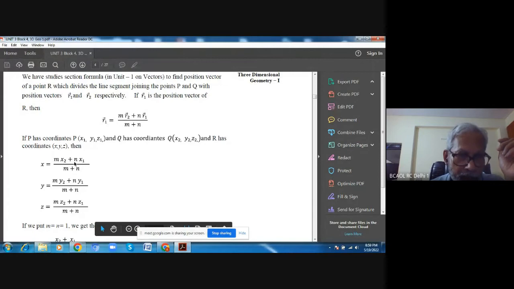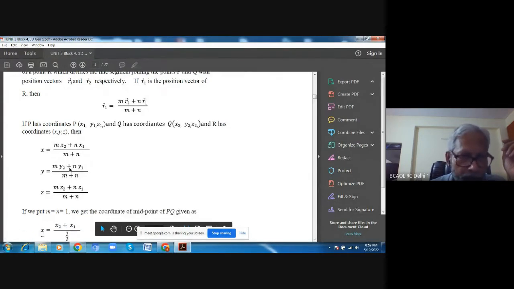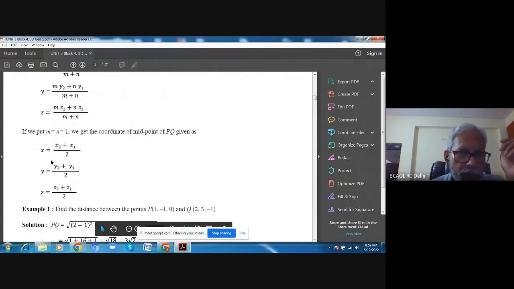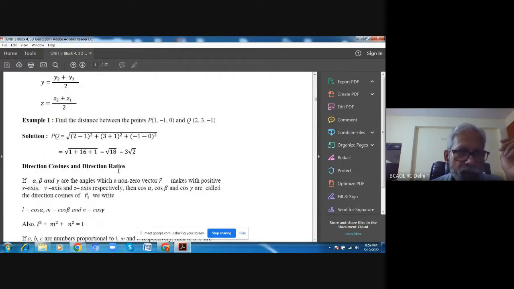Numericals करने के लिए आपको ये सब चीज़ें चाहिए. X y z value, this is also required. Example, find the distance between the points. Simple. So p q is equal to simply, ये तो आपको आता होगा, कोई प्रॉब्लम नहीं है. So this is your answer. Now distance cosines also हम लोगों ने discuss किया.